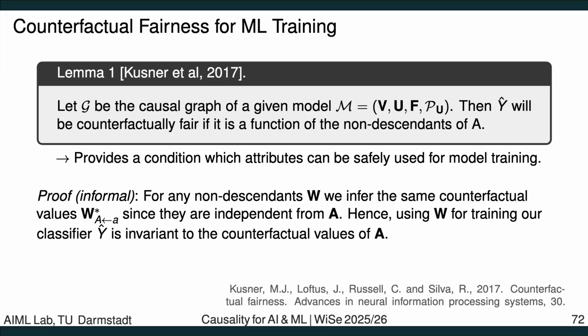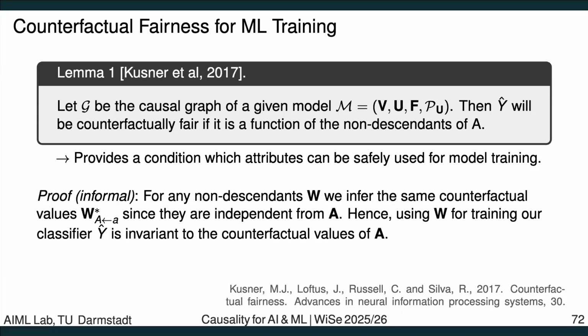And now our network might take some decision that is associated with one of the protected attributes. So by excluding all of the descendants of A from our predictions, we make sure that our model cannot associate any of those protected attributes with the prediction.